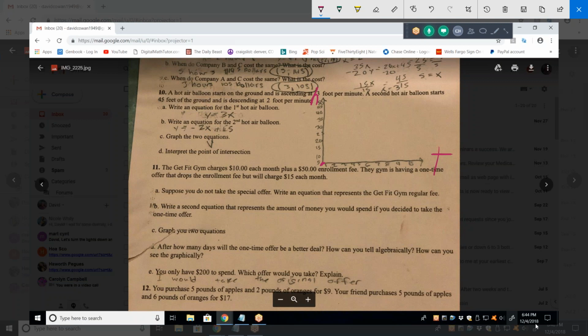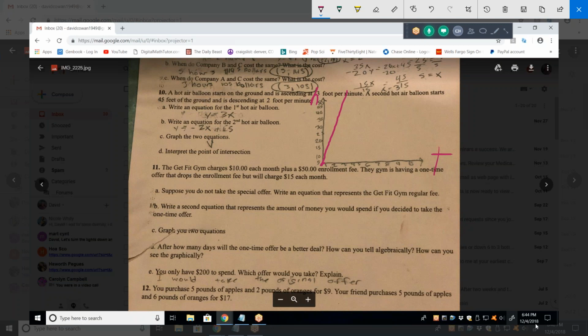Oh, I see now. Yeah. 3 feet. Okay. So if I draw a straight line, that's how that balloon is going up as time passes. In other words, after 1 minute, it's 3 feet off the ground. After 2 minutes, it's 6 feet off the ground. You get that? Yeah. Okay.